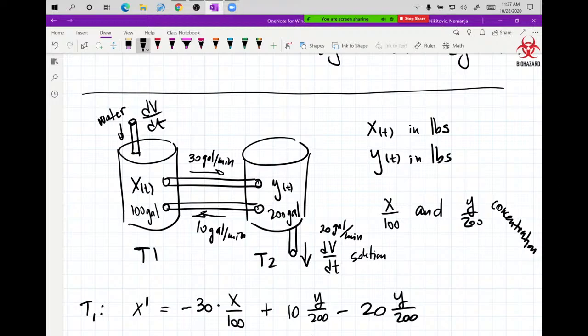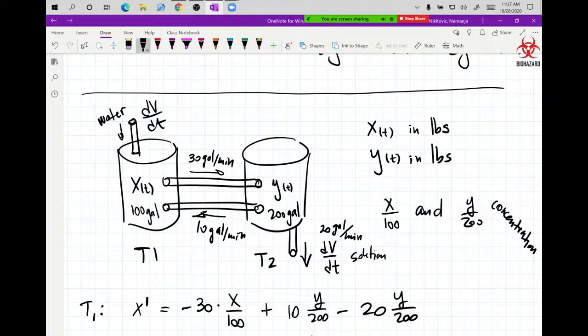So obviously over time, when we started this system, you had x amount of salt in the first tank, y amount of salt in the second tank, you flood everything with the water and you start mixing. You turn the clean water in, and then the salty water comes out of tank 2.